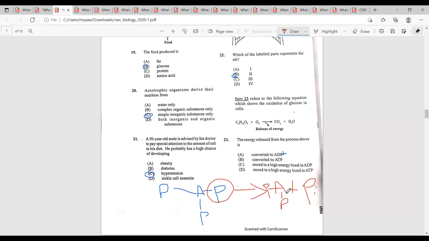So what I'm trying to show you is that to get energy, the bonds have to break. So even though we normally say it's converted to ATP, it's converted to the high energy bond in the ATP molecule. So the best option here is D, because to get energy, the bonds have to break. The phosphate bond to the adenine molecule has to break.